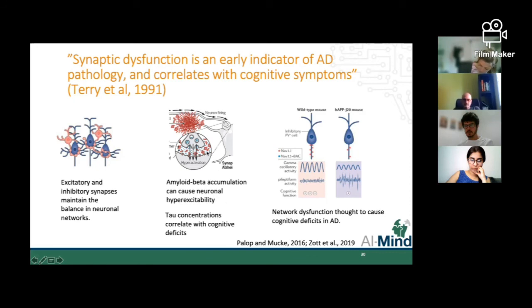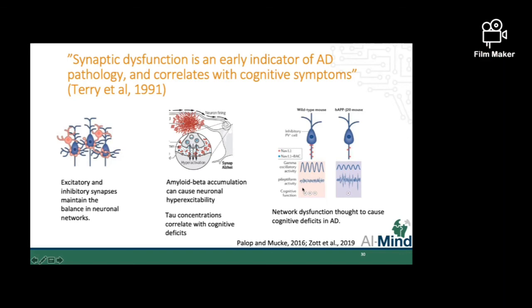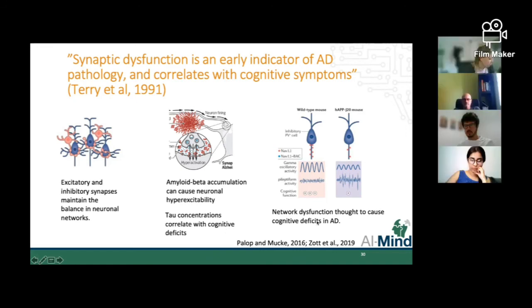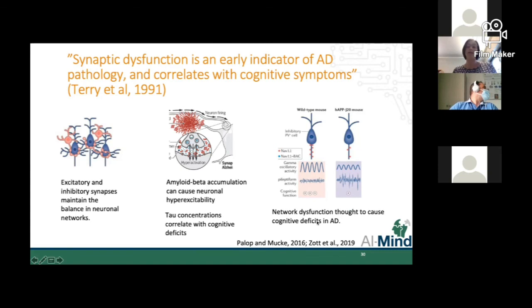So for example, amyloid beta accumulation can cause neural hyperexcitability, and this can also be seen as more epileptiform activity in mouse models. And tau concentrations cause synapse loss also. Then one hypothesis for the cognitive deficits in Alzheimer's disease is that network dysfunction is causing it.